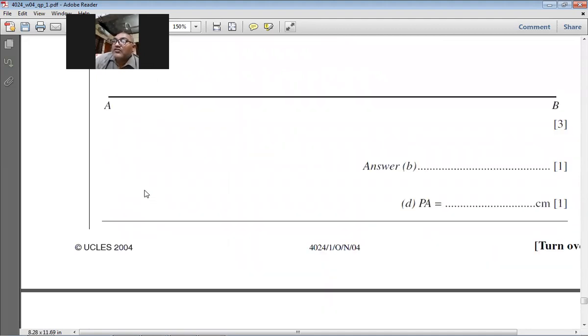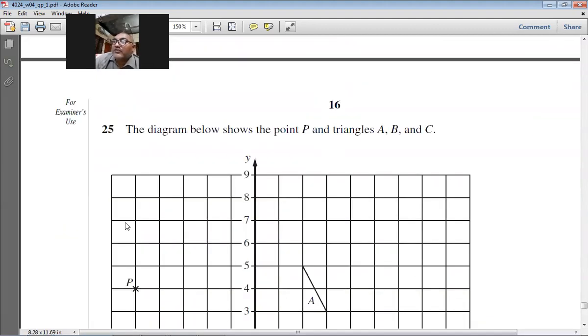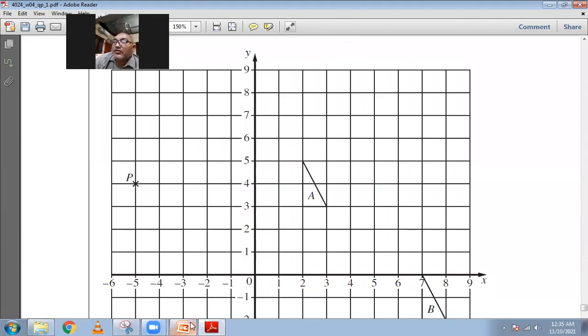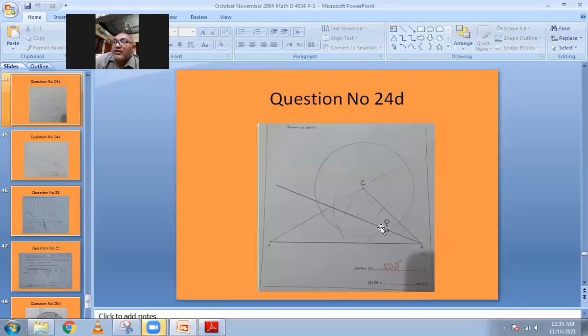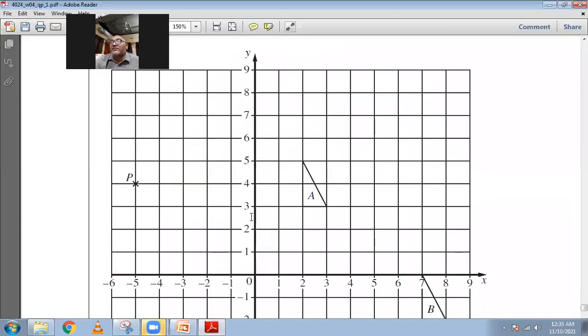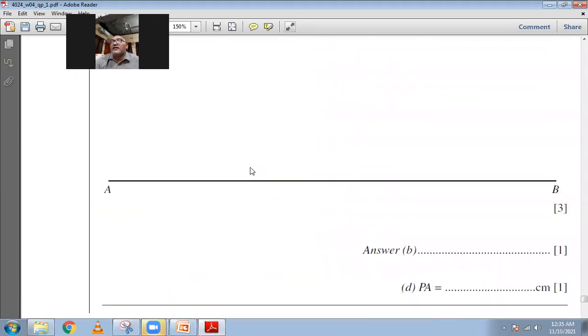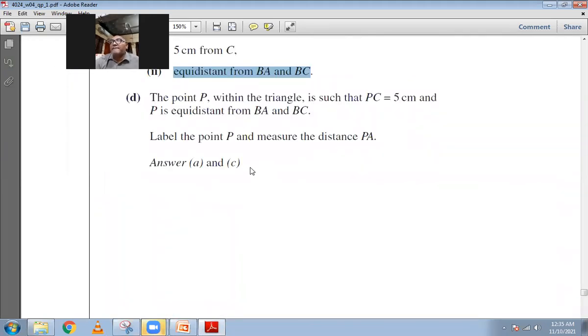So, okay, let me show you. So here inside the triangle both the locuses intersect each other. So this will be the point P, and then he asks us to measure something. So I missed it. He said label the PA.